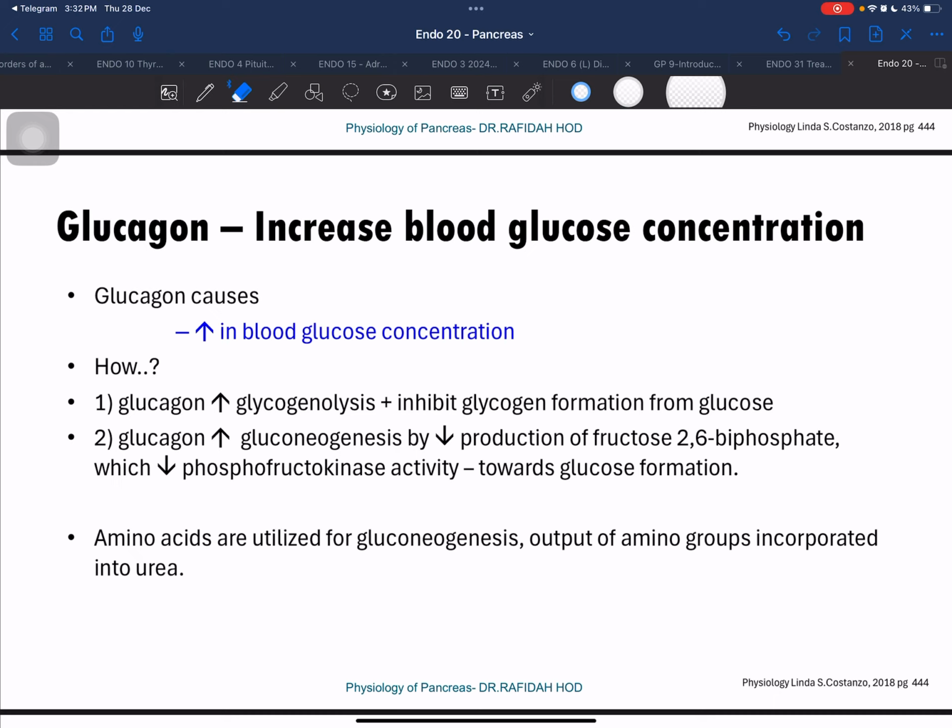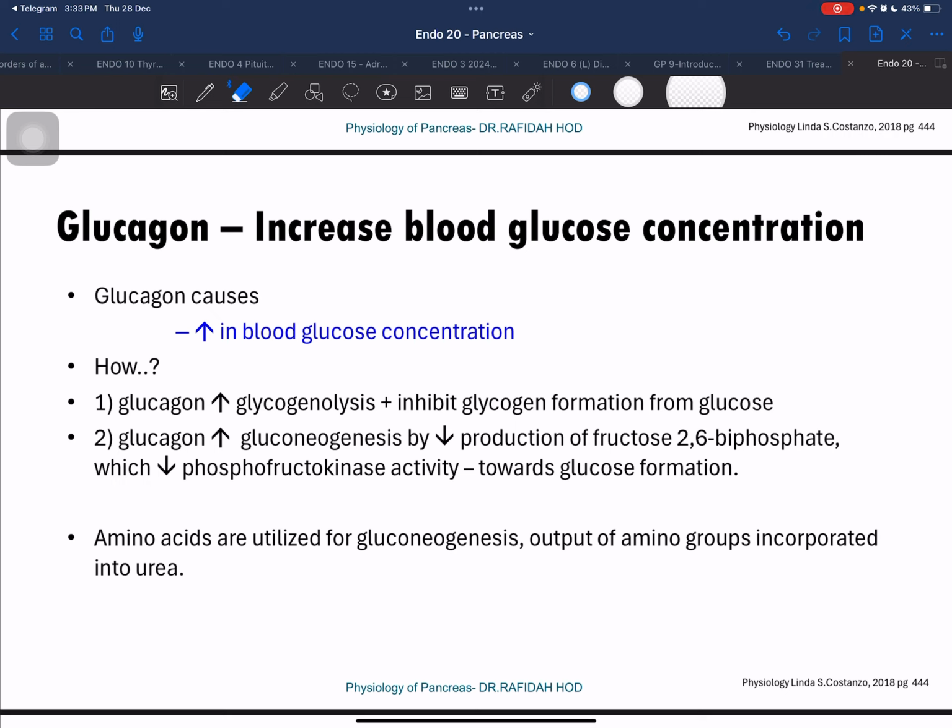So in adipose tissue dia akan increase lipolysis lah, sebab dia punya result will be high circulating levels of fatty acids, and dia akan inhibit fat deposition or fatty acid synthesis. So dia akan go towards gluconeogenesis. Dia akan create more glucose. So keto acid and acetoacetic acid are from the fatty acids. Okay, finally, somatostatin.